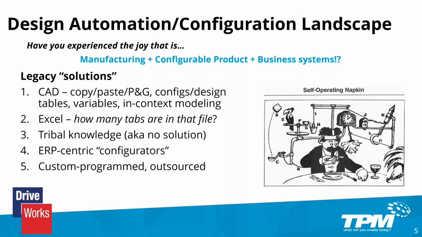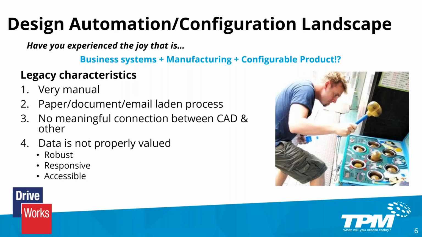So when we survey these legacy solutions, they tend to share some pretty brutal characteristics. They are all somehow very manual, very tedious. They can be very rooted in a paper-based process or a document-based process, and ultimately rely on things like emailing attachments or otherwise communicating in a way that isn't intrinsically efficient or safe.